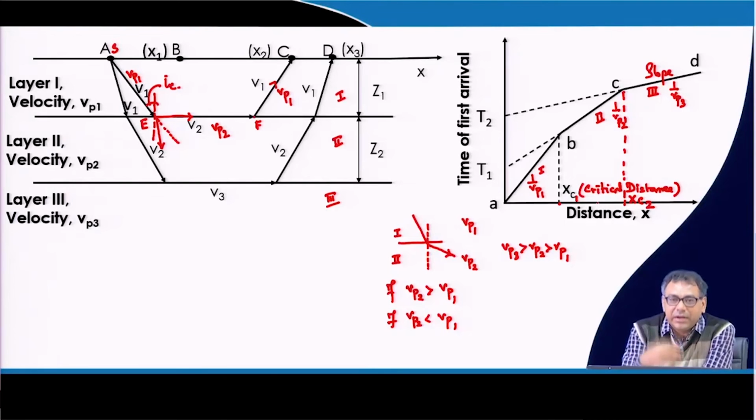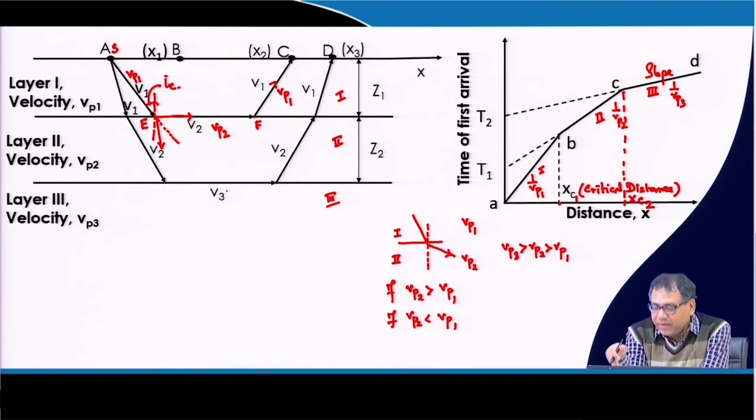Now, if I put any geophone beyond the distance xc2, then the refracted rays traveling along the interface between the second and third layer will reach first, because again the third layer wave velocity is greater than the second layer. So, every point of this change of slope will give me a critical distance, which indicates which refracted rays will reach first.